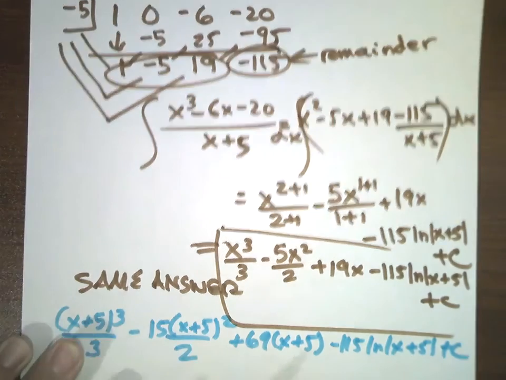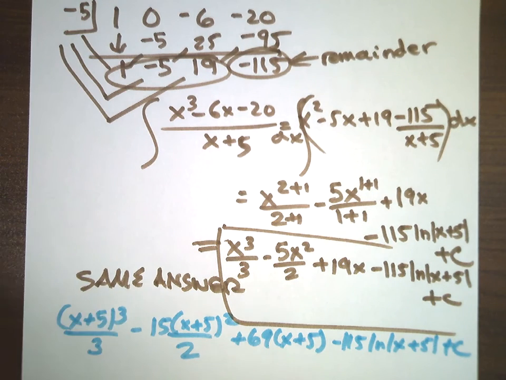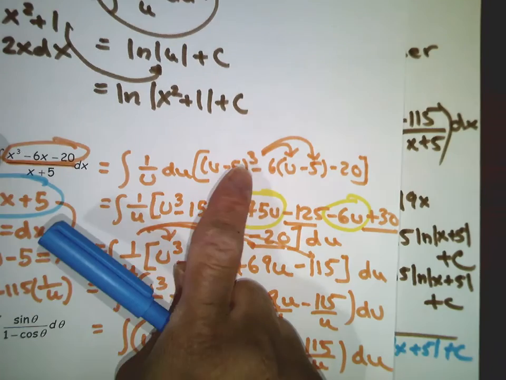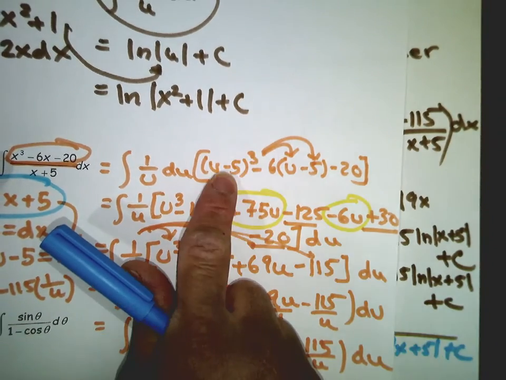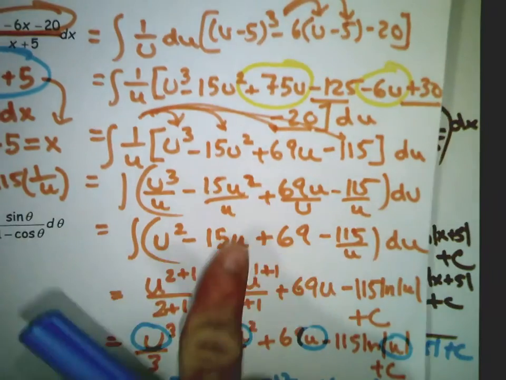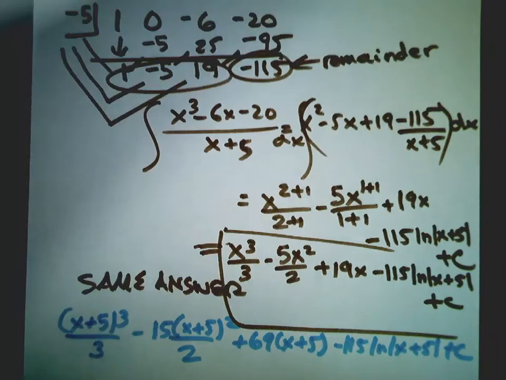So these are the same answer, but do you see that this was, in my opinion, a little bit quicker because I didn't have to multiply out the u minus 5 times u minus 5 times u minus 5 and then distribute this and then find all of these antiderivatives.